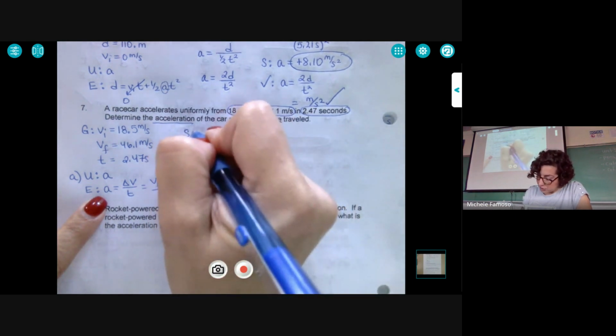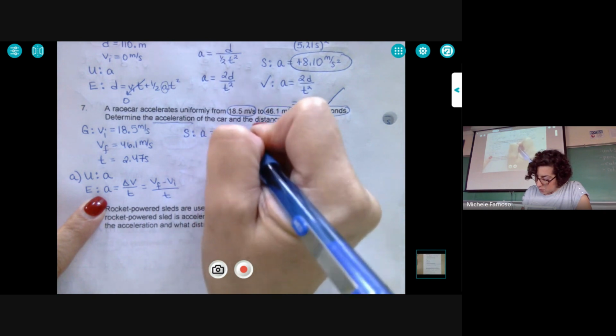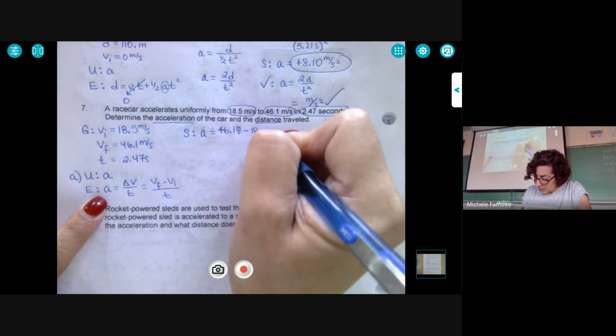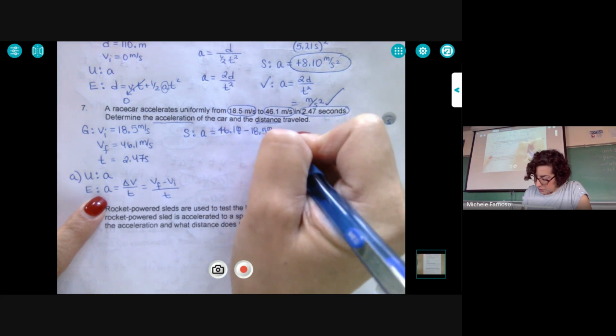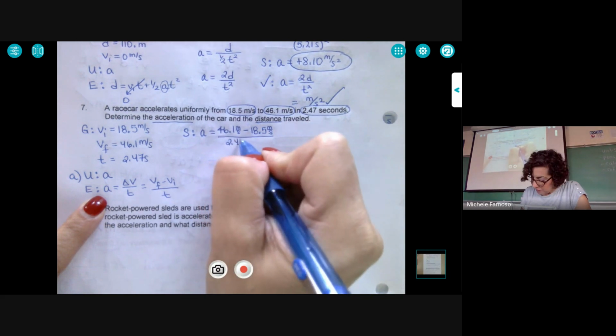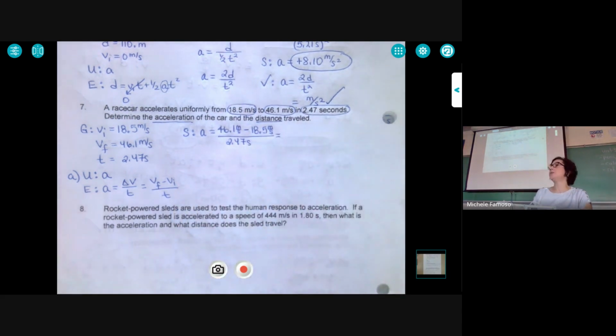Let's do our substitution with units. So A would be 46.1 meters per second minus the 18.5 meters per second all over 2.47 seconds. Now, remember, I taught you to do the intermediate subtraction first and rewrite it.